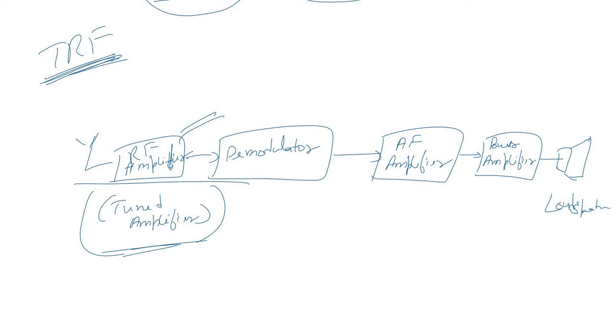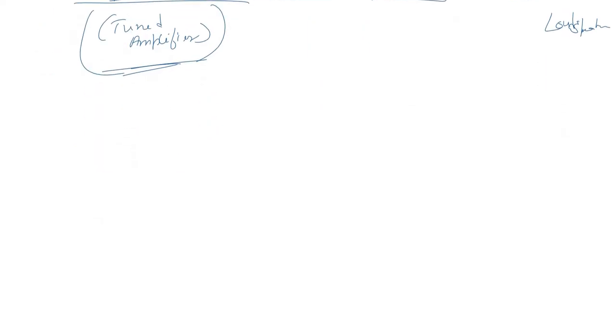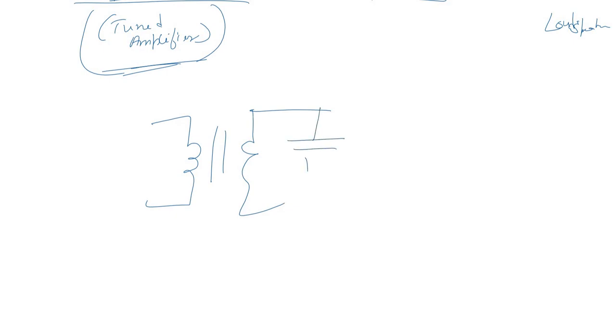The tuning of this RF amplifier is done using an LC tank circuit. We have inductor coils over here and we have a capacitor. So the tuning is done using such an LC tank circuit, and the resonant frequency of it is 1 over 2 pi square root of LC.